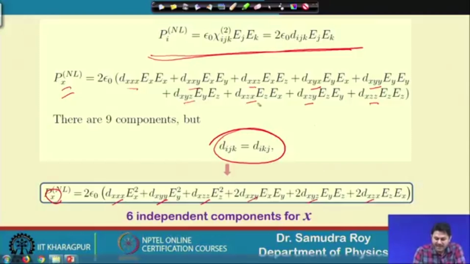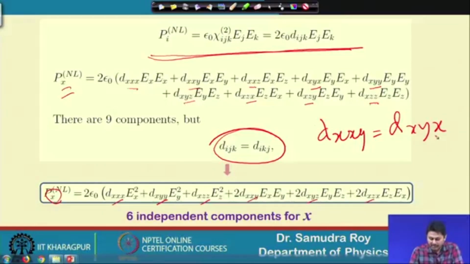Once we have these, you will find that d of x y is equal to d of y x. These terms are here in both the cases, because in both the cases this multiplication term E x E y is the same.